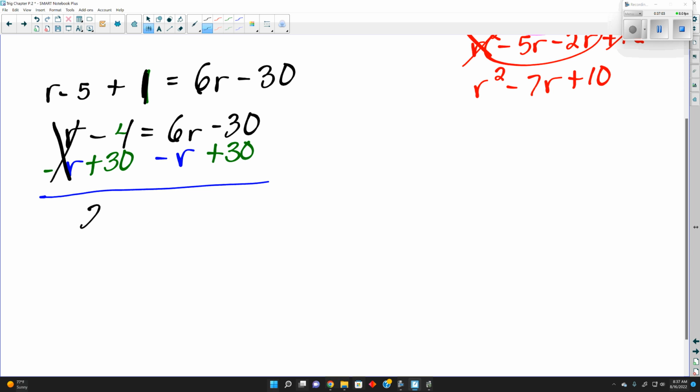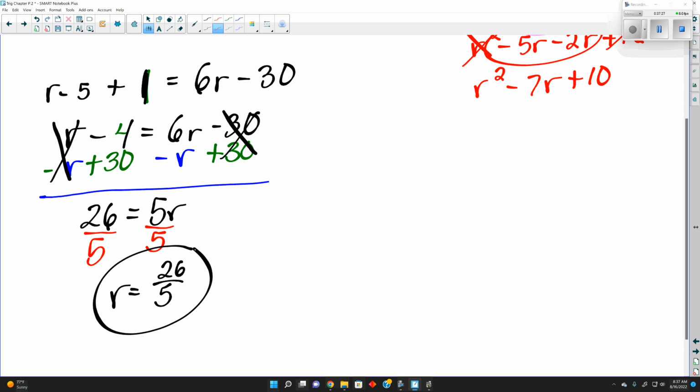Negative 4 plus 30 is going to be 26 is equal to 6r minus r, 5r. 30 minus 30 is 0. And last but not least, we would divide both sides by 5, telling us r is equal to 26 over 5. Was that one of our restrictions? Nope. So that's it.